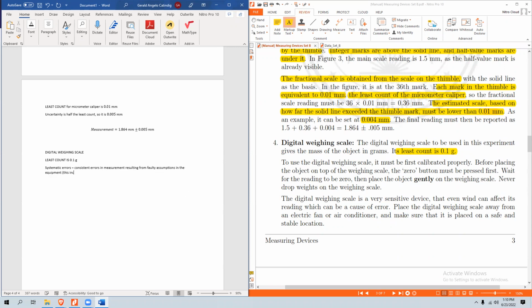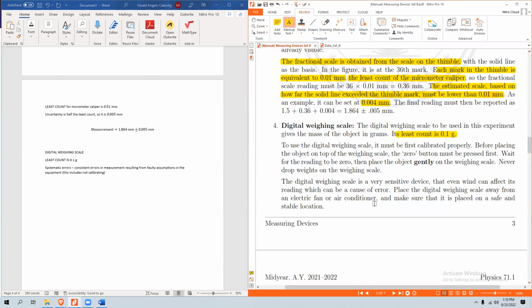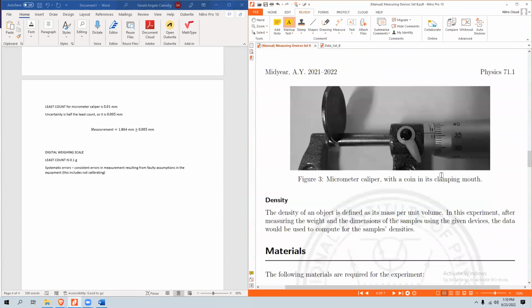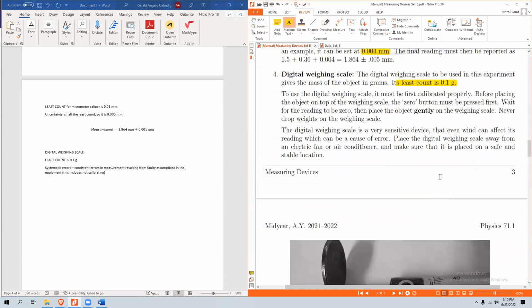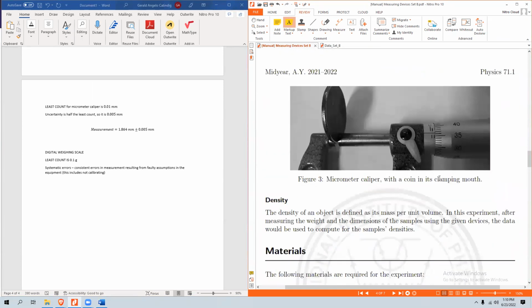So this includes not calibrating. So ayun, kinakalibrate ang weighing scales. Although for this experiment, kasi remote learning, you won't need to do that. Okay? So let's skip this example kasi di naman siya kailangan. Anyway, dun sa weighing scale mismo naman, ay babasahin lang ang reading ng mass na ipoproduce niya kapag may pinatong tayo sa kanya. Okay?